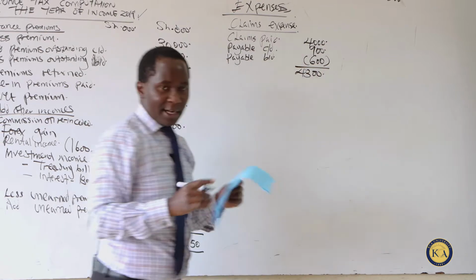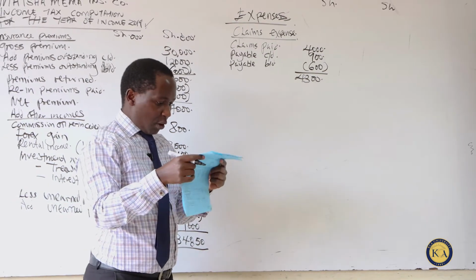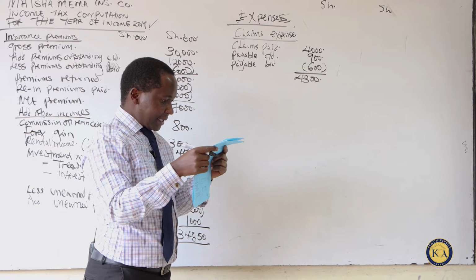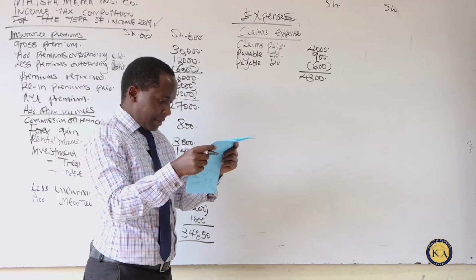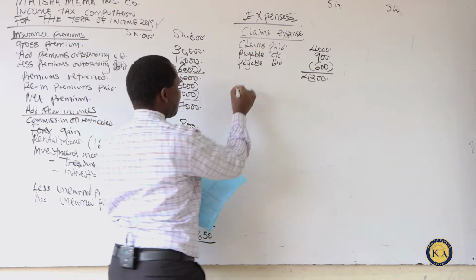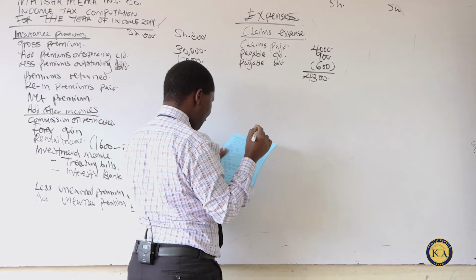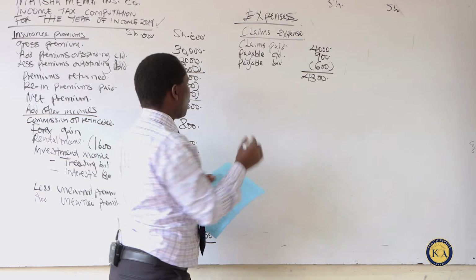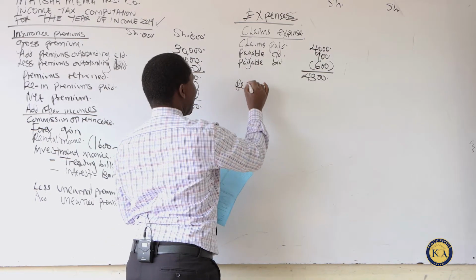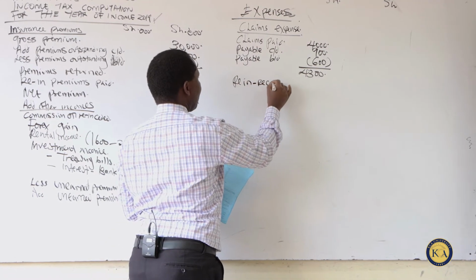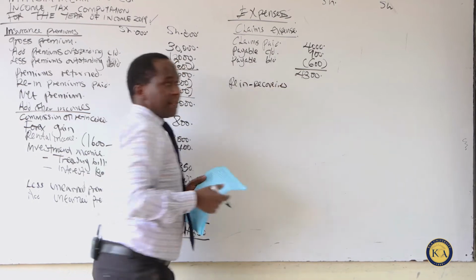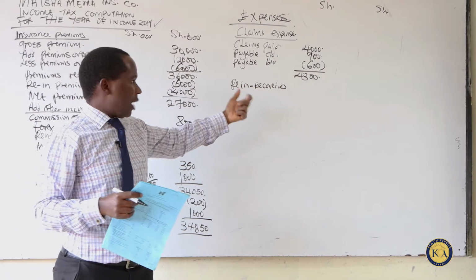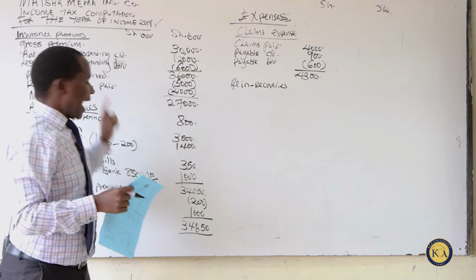I'm not yet done with this expense of claims. The next item that affects claims, we see there's legal expenses. Before legal expenses, let me talk about claims recovered from reinsurance. We call them reinsurance recoveries. They are not going to shoulder all the claim expense because they are insured.